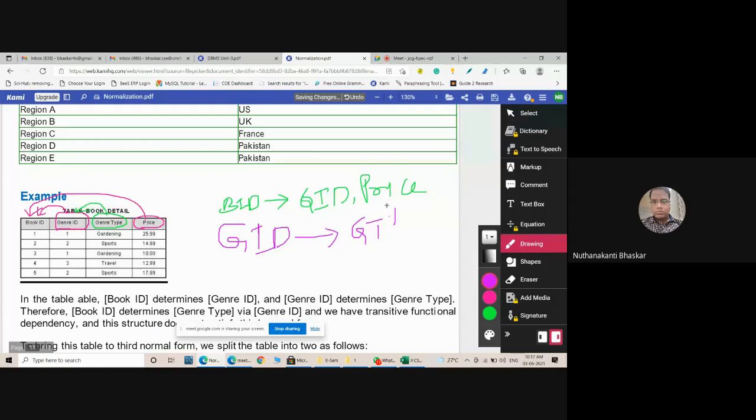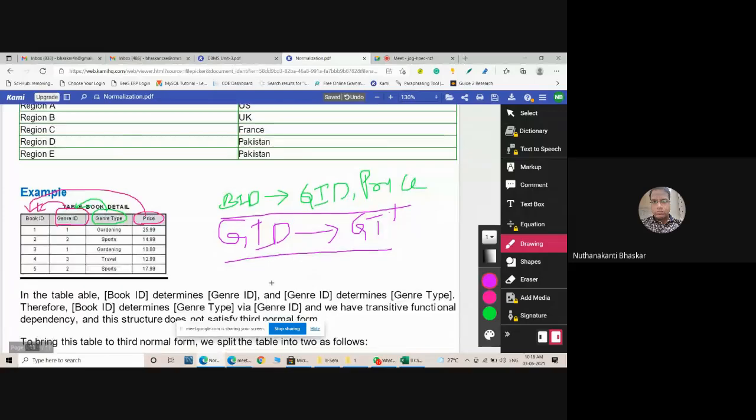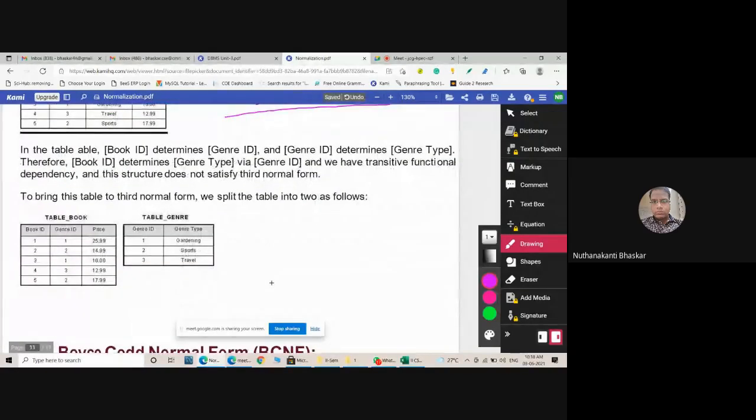Again, X determines Y determines Z, so there is a transitive dependency. We need to apply third normal form to avoid this transitive dependency. So we need to decompose the relation: BID, GID and price is one table, GID and GT is another table. Yes or no? Yes, sir.